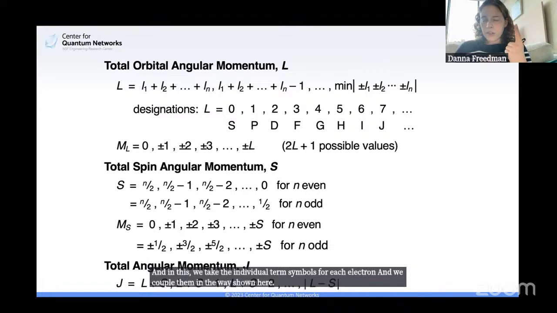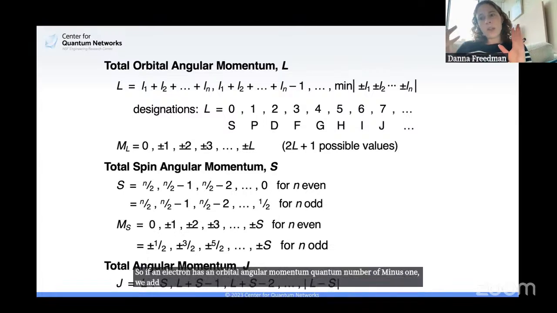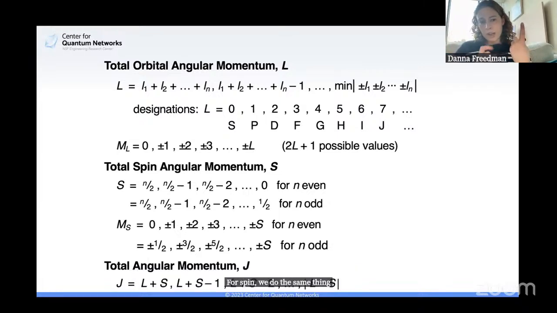So if an electron has an orbital angular momentum quantum number of -1, we add that to another -1, we add up all of them, and we get a capital L. For spin, we do the same thing. Each electron is s equals 1/2, and we aggregate them together, and then we get a capital S.